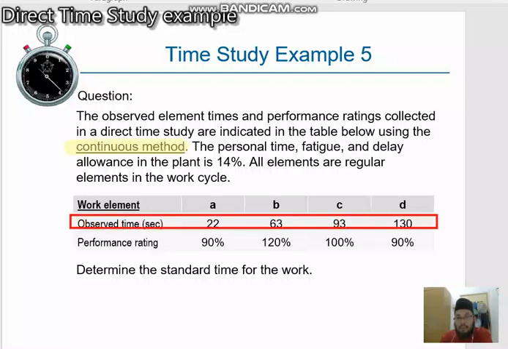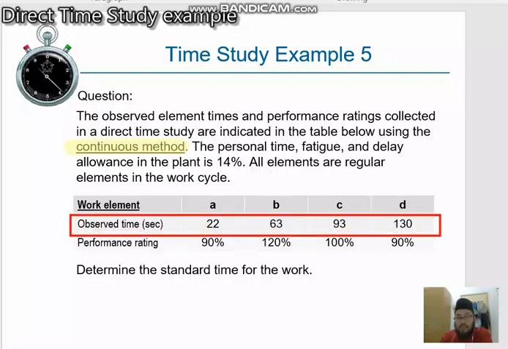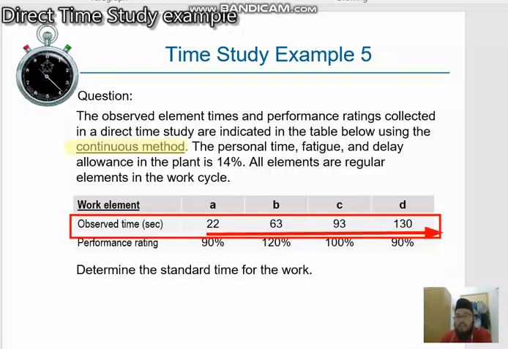So we can see the observed time in each element. Because in the continuous method, the time will not reset to 0, each element's time will be continuous, so it becomes bigger and bigger, from 32 to 63, 93 seconds, and continuing to 130 seconds.